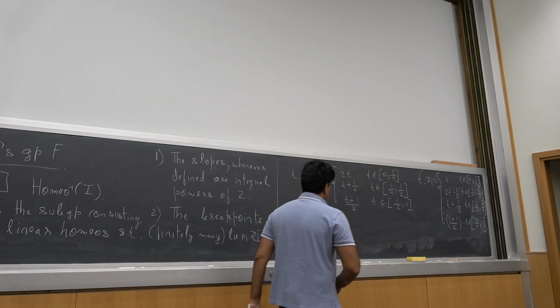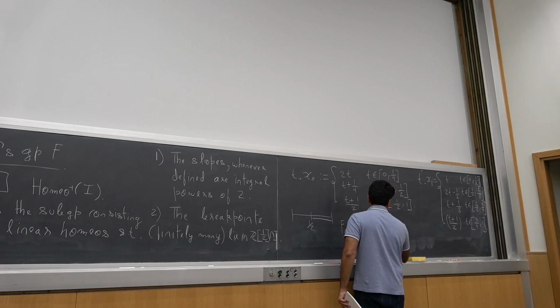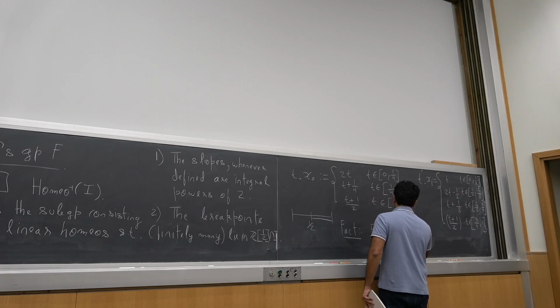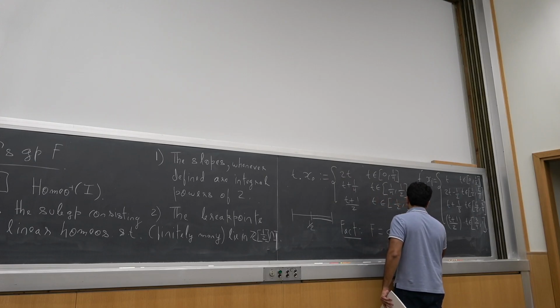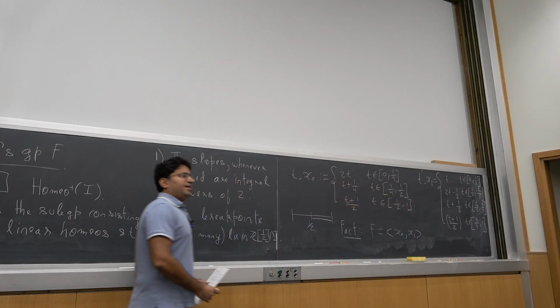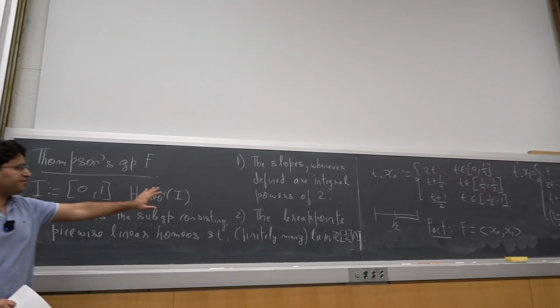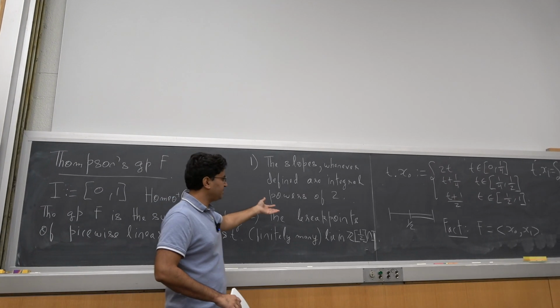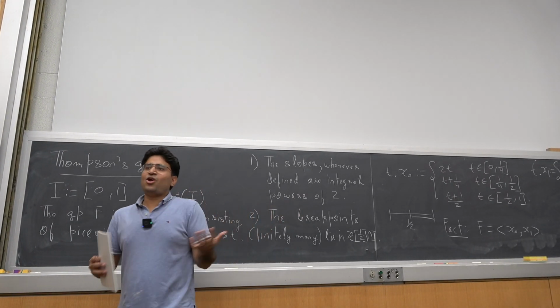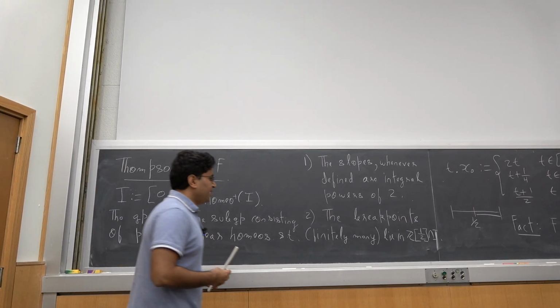So remarkably, the group F is generated by x0 and x1. This is not at all obvious. You can make an abstract definition and construct elements, but it's not at all obvious that this group is finitely generated, even two generated.